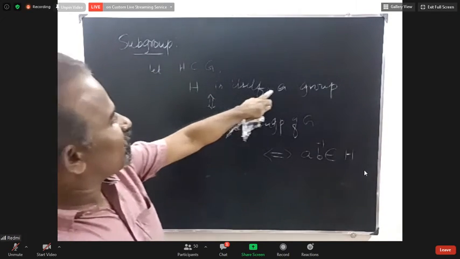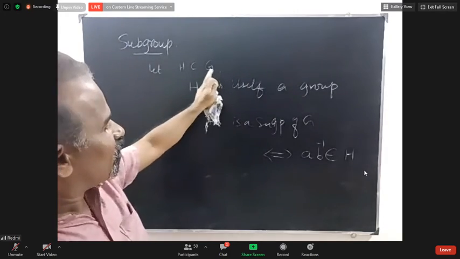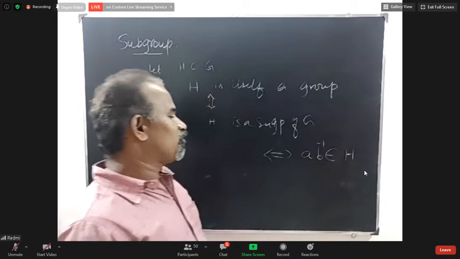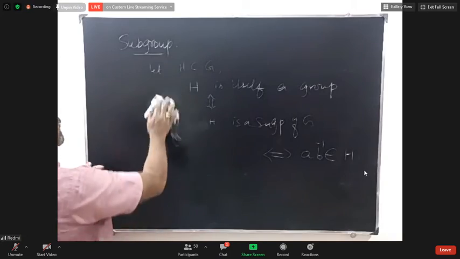So H is itself a group. Instead of checking all four conditions, it is enough to prove that AB inverse belongs to H. There is a theorem. So you should understand that.